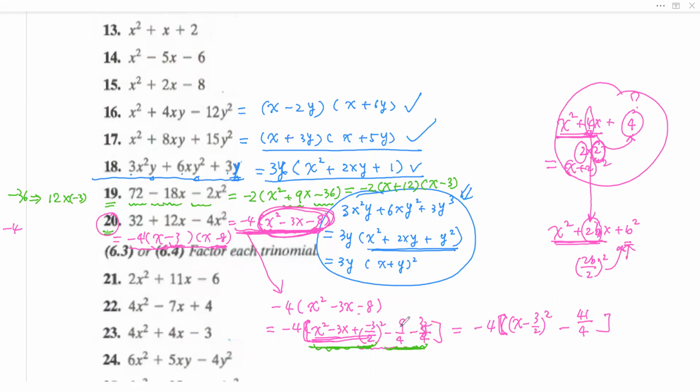Right, 32 plus 9, so we get 41. I'll do a little bit more changing. This part will change into the square root of 41, and then squared. Can you guys do this one? For the rest, we just keep a copy of the front.